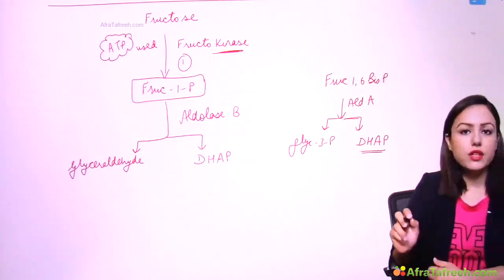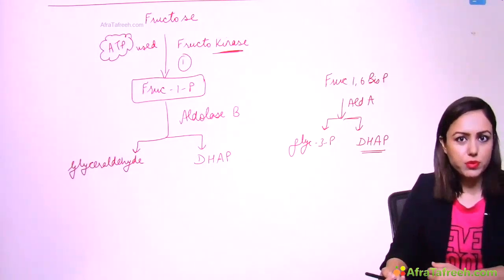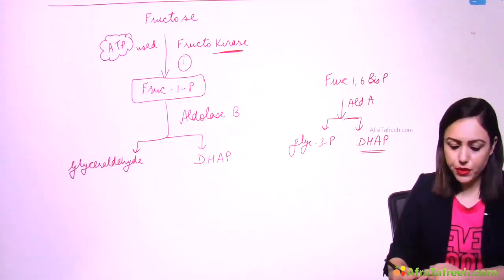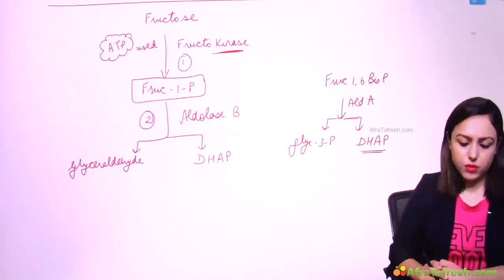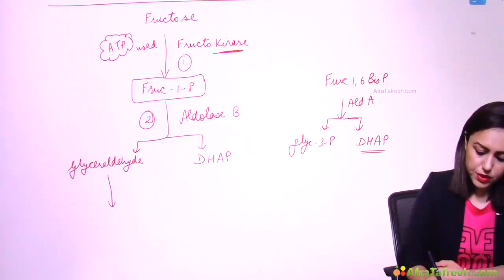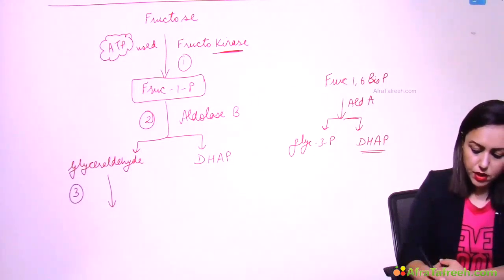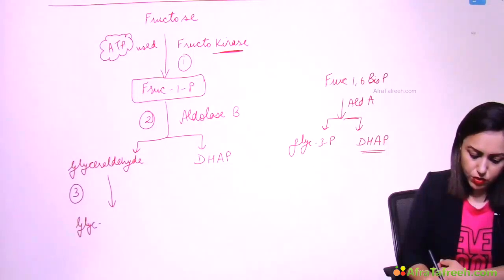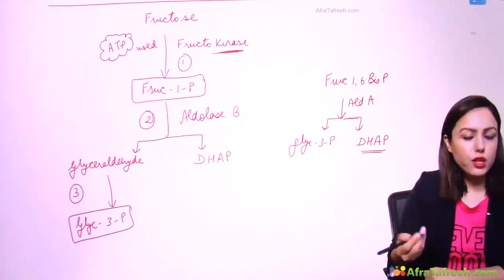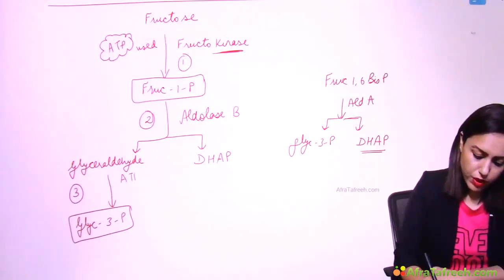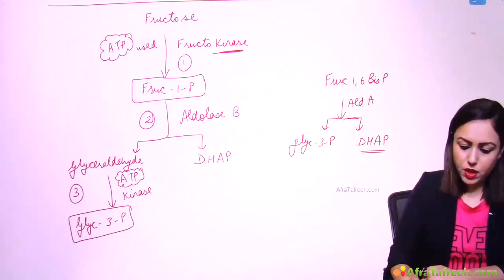So this product DHAP is same for both the enzymes aldolase A and aldolase B. Now this is the second step, aldolase B, okay? Now third step is glyceraldehyde gets converted to glyceraldehyde 3-phosphate, right? So here also again phosphorylation is happening, so 1 ATP will be used here, enzyme will be a kinase, okay?